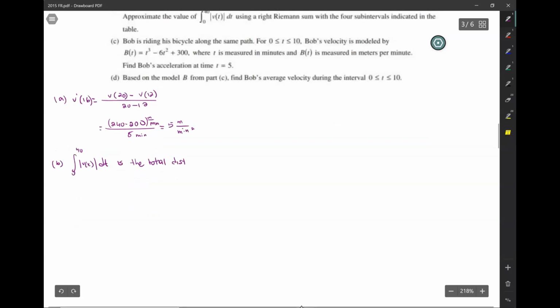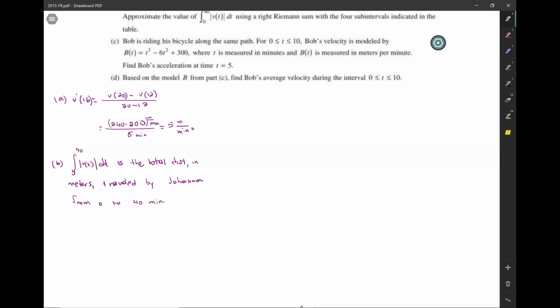So it's the total distance in meters traveled by Johanna, right? From 0 to 40 minutes. Okay? So it's the total distance in that interval.